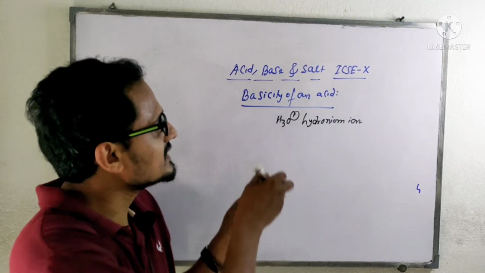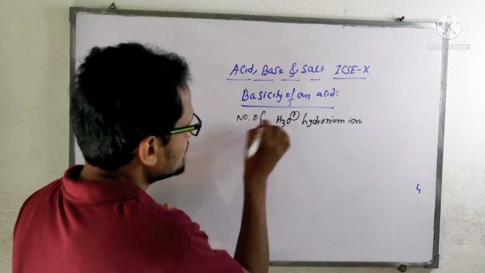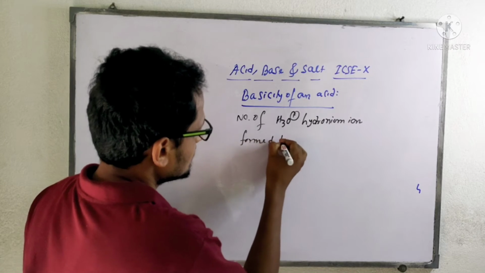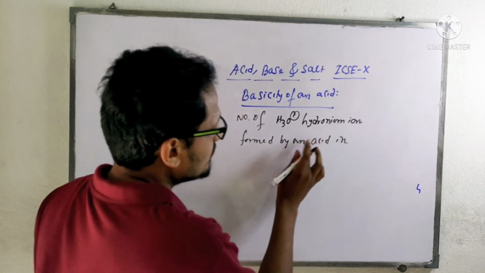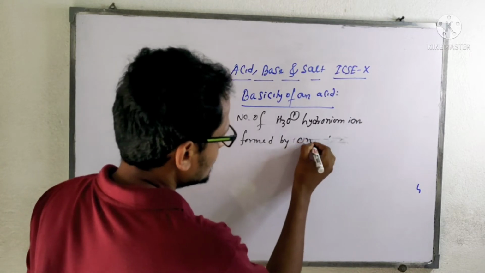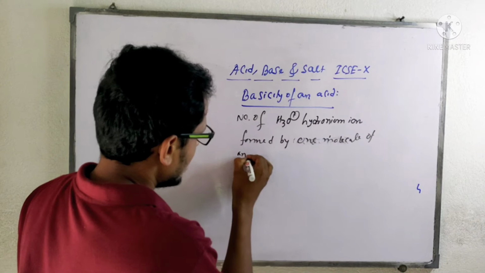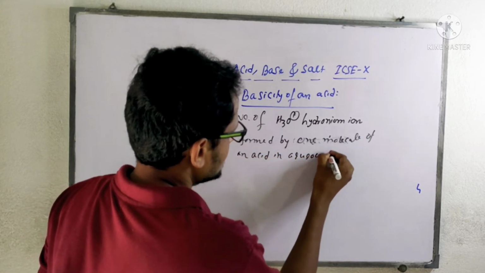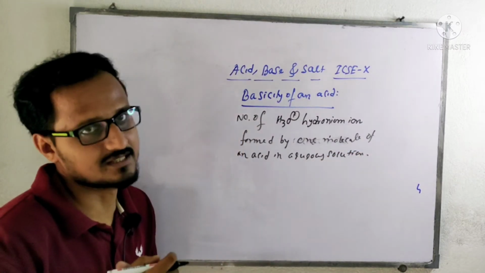So it is calculated according to the number of hydronium ions formed by one molecule of an acid in aqueous solution. That is the basicity.